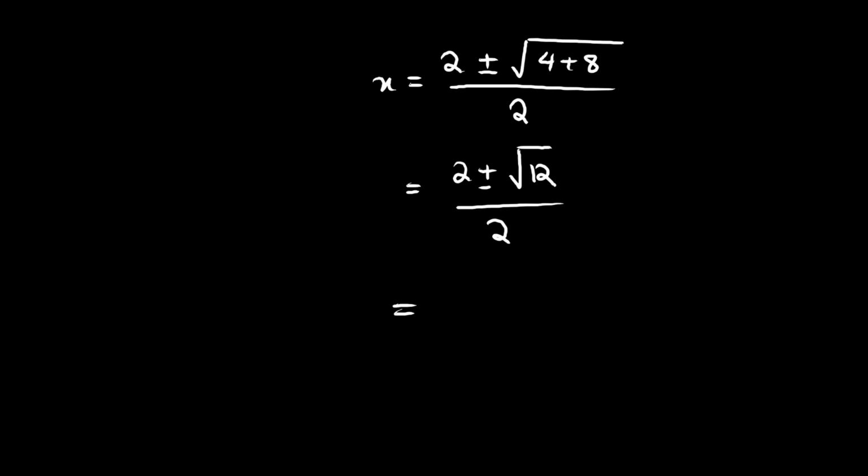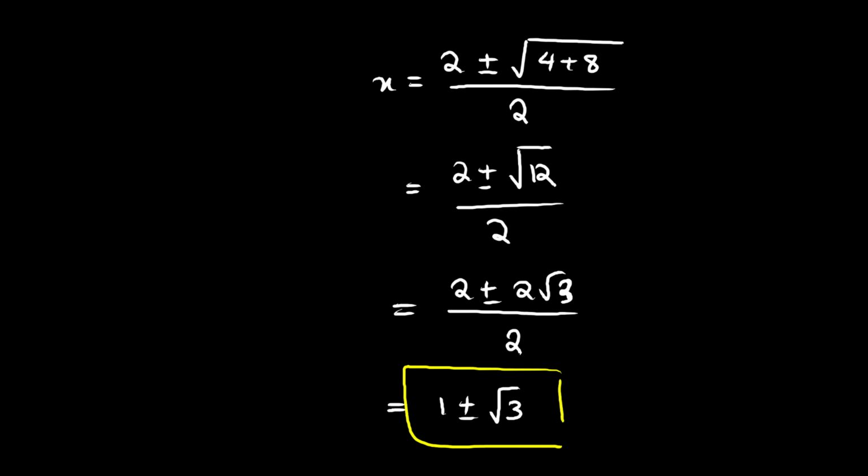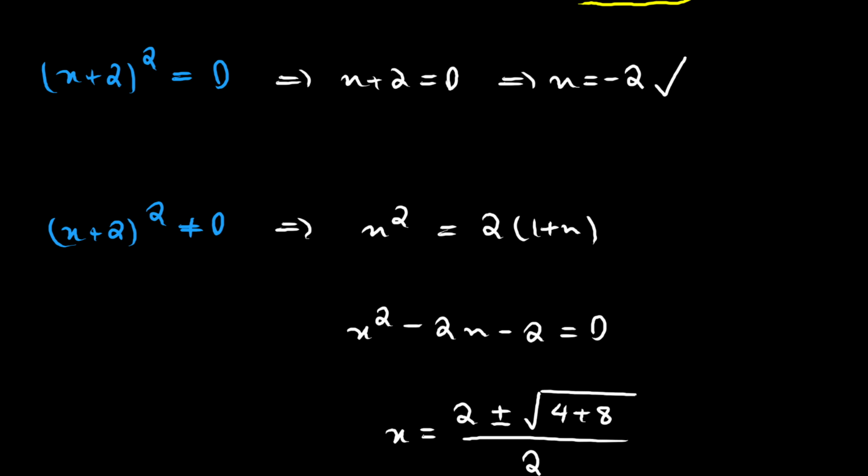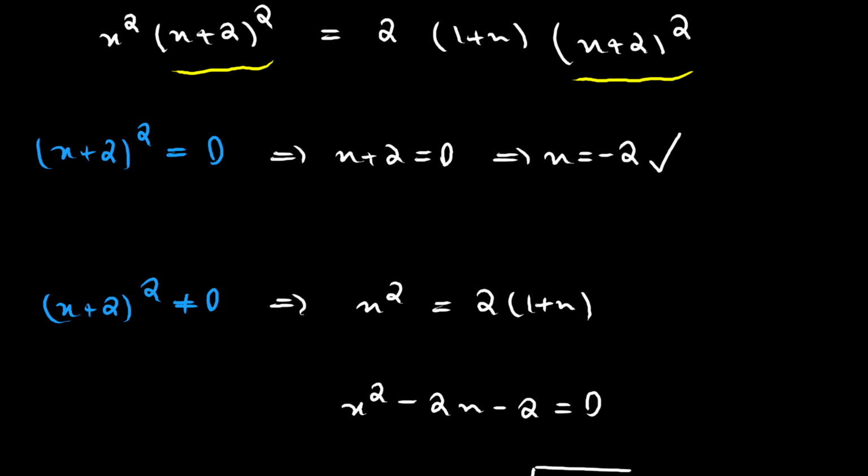And we can say that this is equal to 2 plus or minus 2 times the square root of 3, divided by 2. And then this reduces to 1 plus or minus the square root of 3. So we have found these two and this one. So we have 3 solutions for our equation.